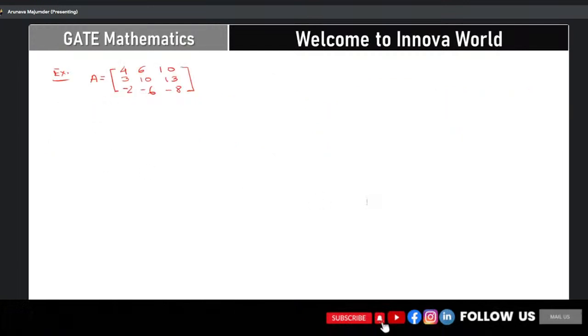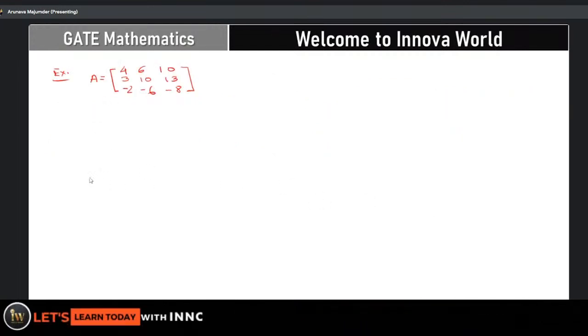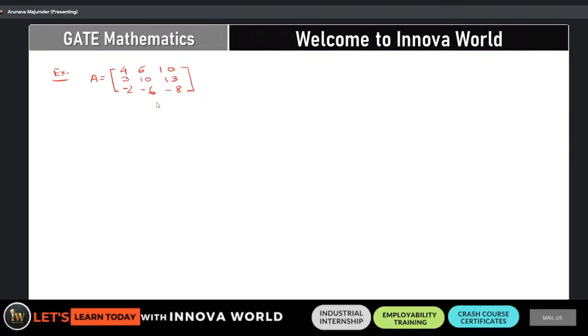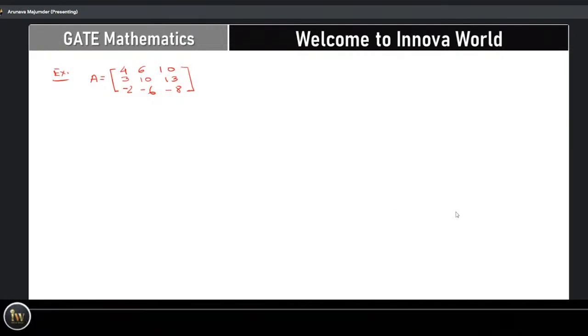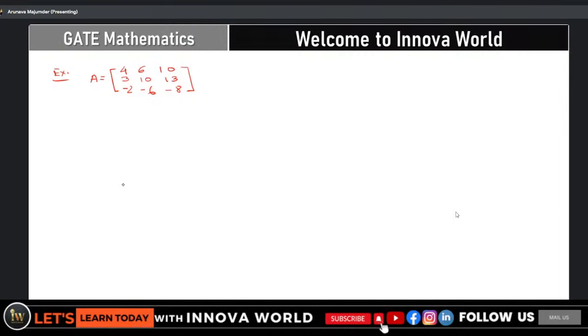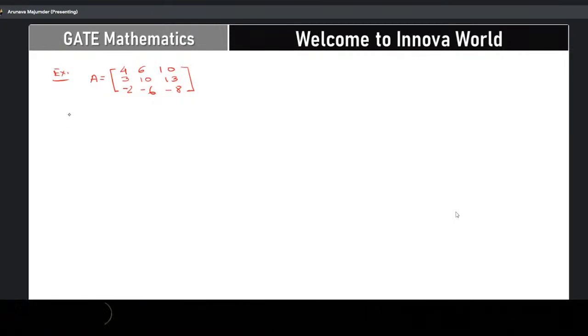But since this is a 3 cross 3 matrix, obviously we will be getting a cubic equation in this case. I need to solve the cubic equation here. So let me first discuss the characteristic equation, since without the characteristic equation we can't find the value of lambda. So what is the characteristic equation?